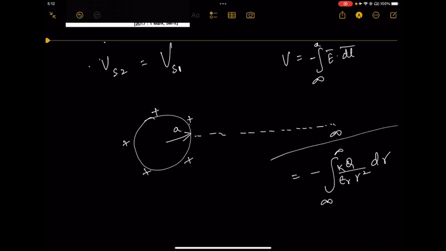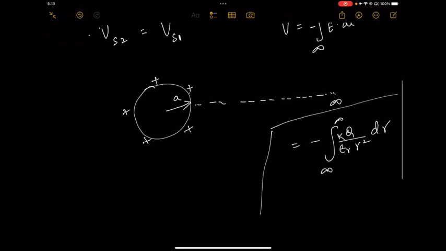Here dr, because we consider spherical coordinate systems. So dot dl will have r, theta and phi, azimuthal angle. The electric field will have r cap, dot product, you will end up getting dr. So if you integrate this from infinity to point A, you end up getting something like Q by 4 pi epsilon A. This is the potential you will get for this one.